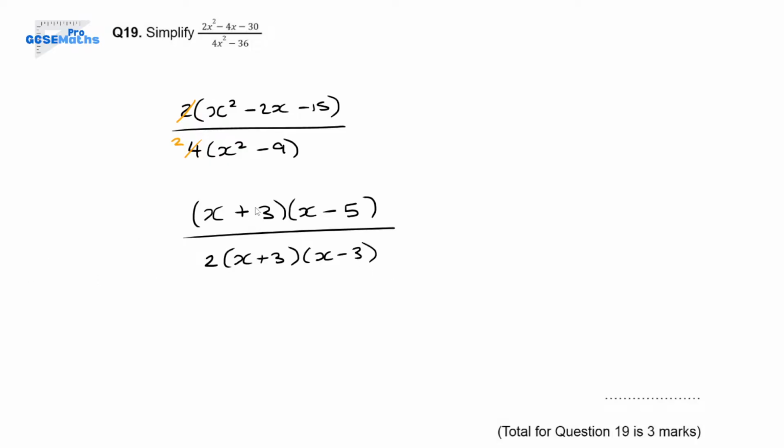And now do you see how we've got 2 of the same? So we've got x minus 5 over, you can expand that denominator again if you want. Because I've not specified how to leave it, you can leave it like this, or you can expand it again. It's up to you. So x minus 5 over 2, and then x minus 3, some kind of equivalent of that is fine. It won't simplify any further.